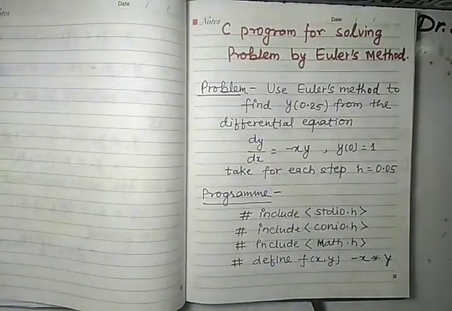Here the function f(x,y) is equal to minus xy, and the step taken is h = 0.05, that is the interval can be divided in steps of 0.05. Okay. Now we see the program.